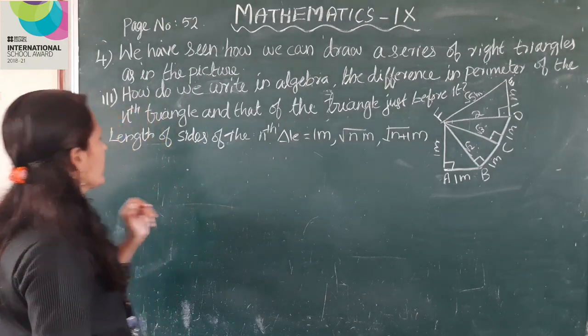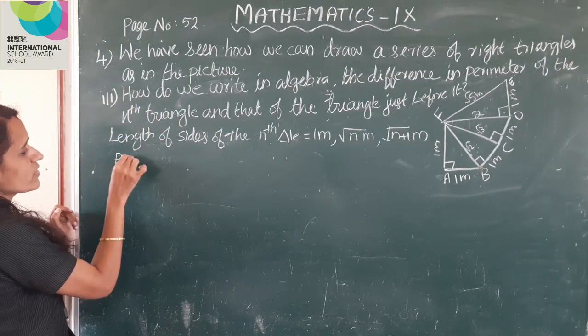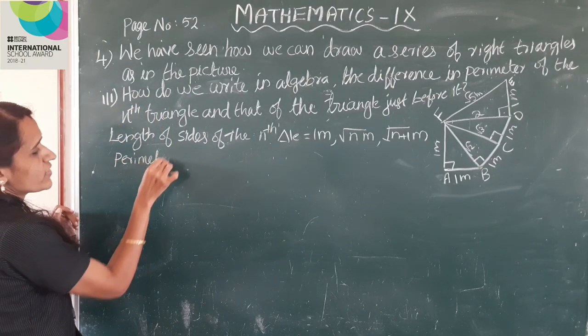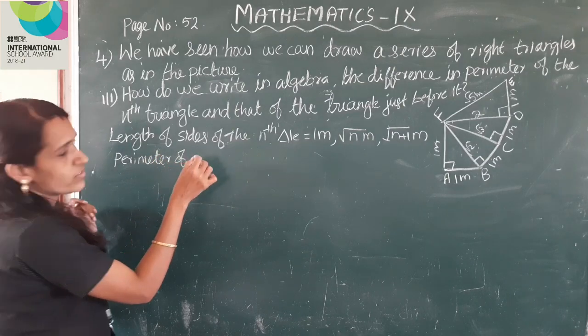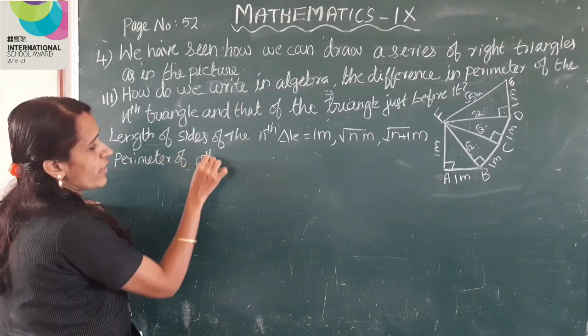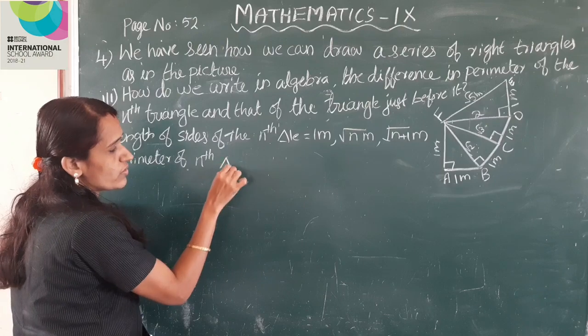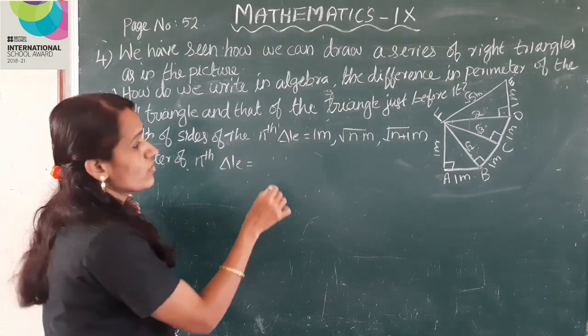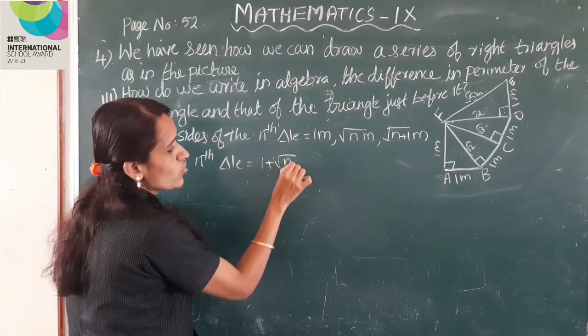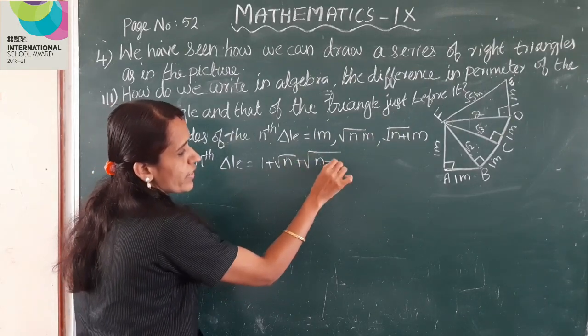So the perimeter of the nth triangle is 1 plus root n plus root n plus 1.